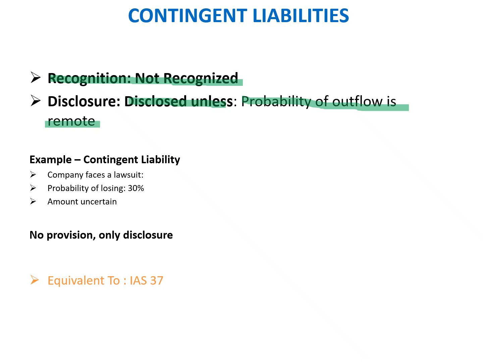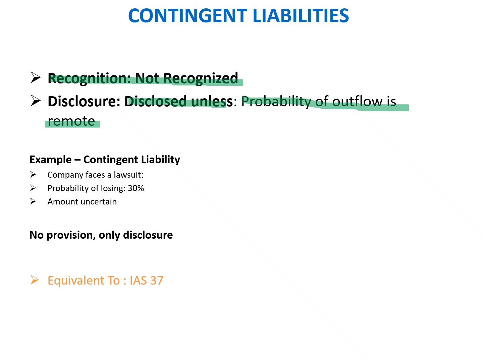But if the possibility of the outflow of resources is there, then we have to create a disclosure note so that we are transparent in mentioning the fact that there is a contingent liability that exists at the balance sheet reporting date.